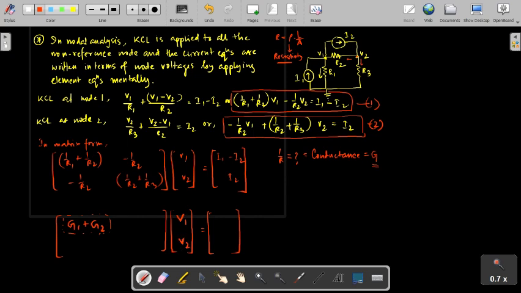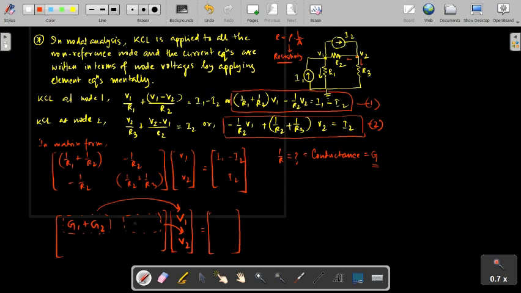If you do the matrix multiplication, this portion is multiplied with this, plus this portion multiplied by this, and these two are added up.